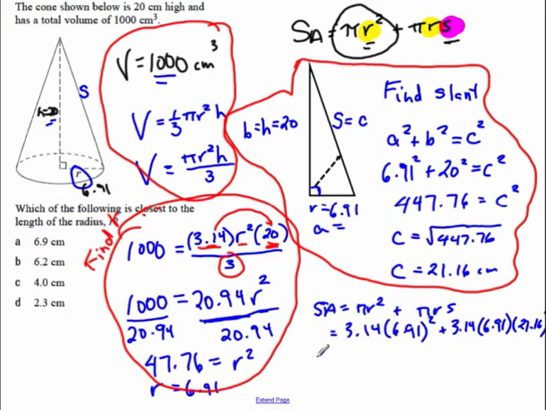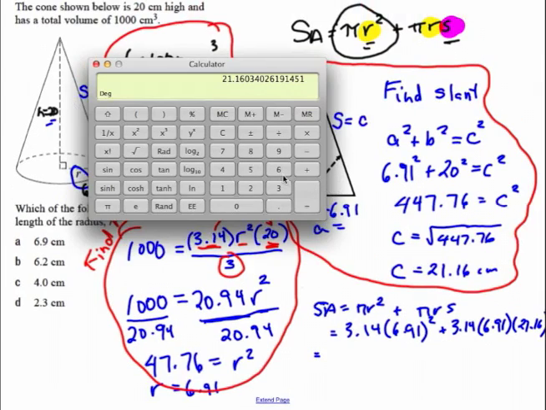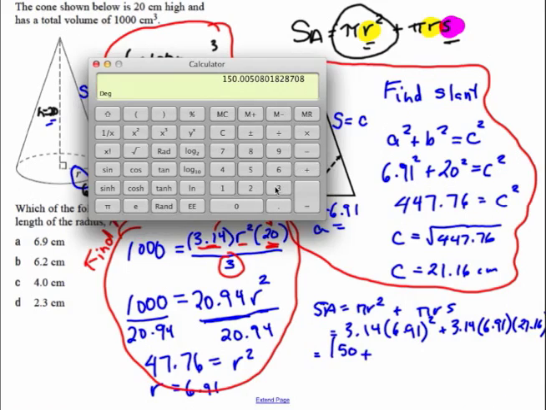Okay, so now we can do order of operations, do the radius, do 6.91 squared first. So 6.91, we square it, times pi. And there's our first part of the equation. So 150. And now I'll use pi.